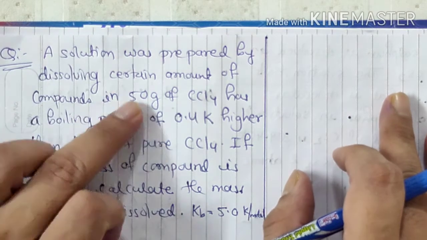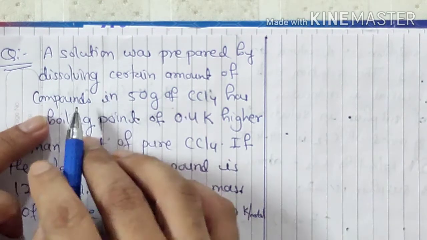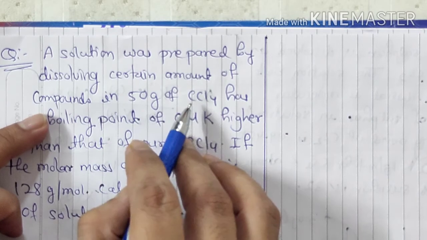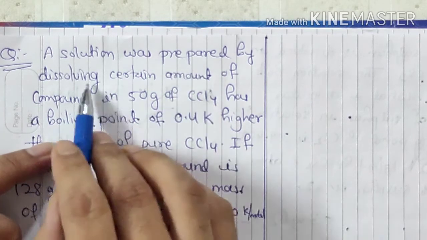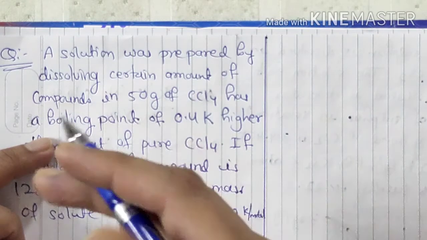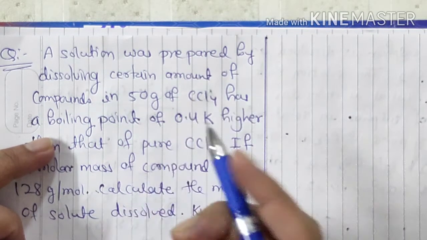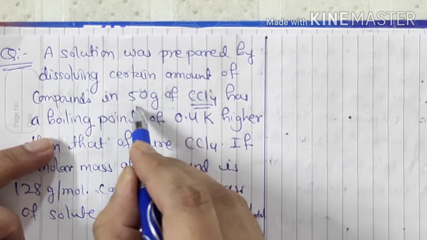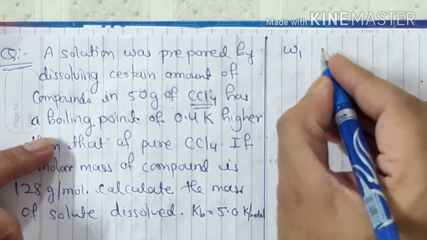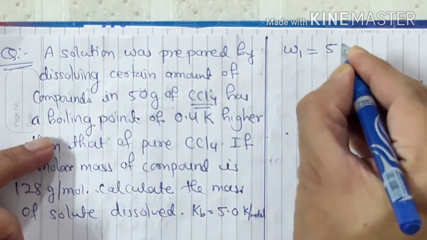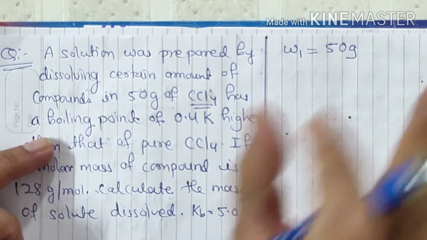A solution was prepared by dissolving certain weight of solute in 50 gram of CCl4. कितना solute ऐड किया? solvent क्या है? CCl4 है. कितना है? 50 ग्राम. So W1, that is weight of solvent, is given. How much? 50 gram is the weight of solvent which is given.